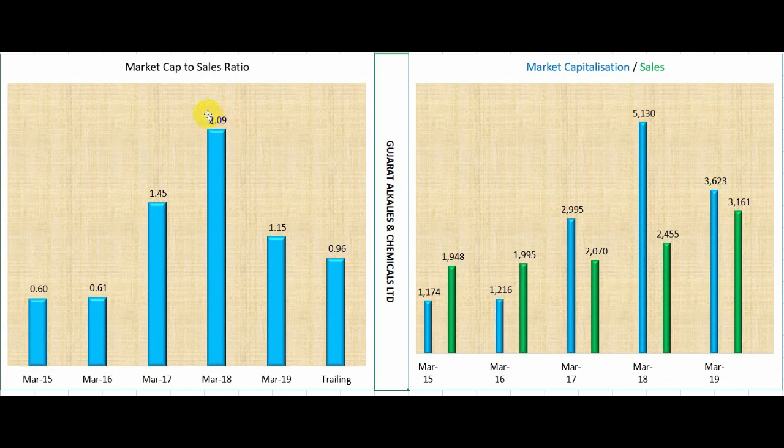Although this is also very good, I would even want to buy when the market cap is, say, 3 or 4 times the sales. That is still a reasonable valuation, but very high valuations in terms of market cap to sales, that's an expensive buy according to me.